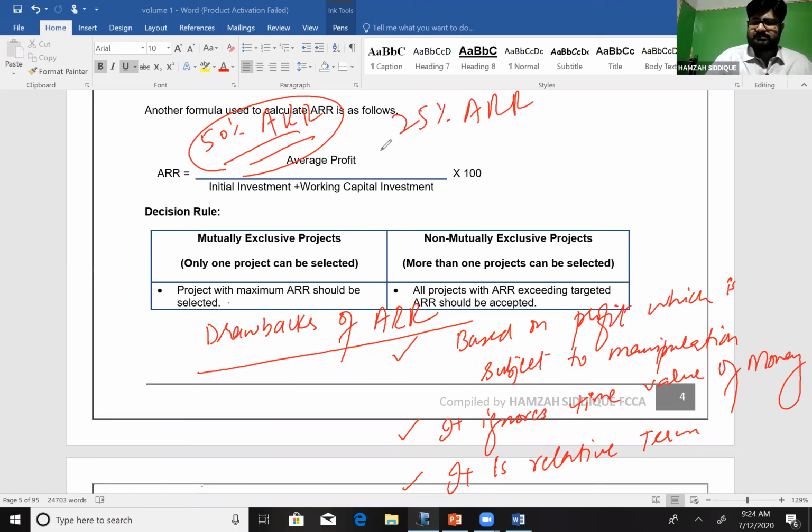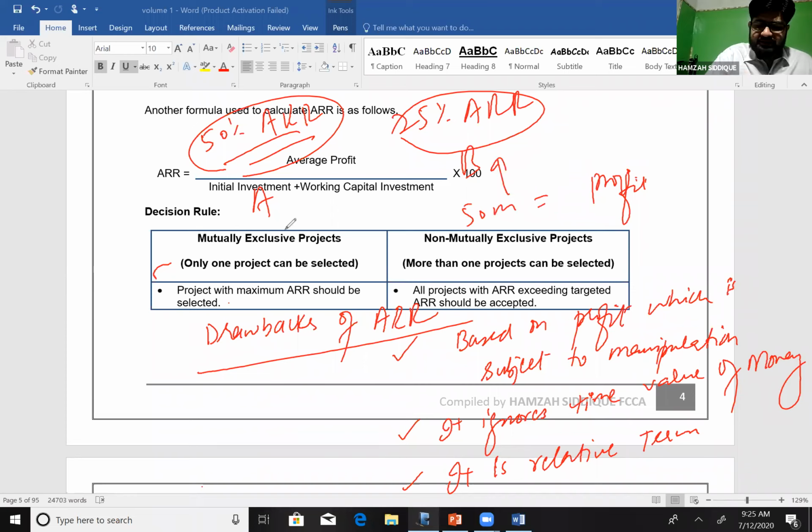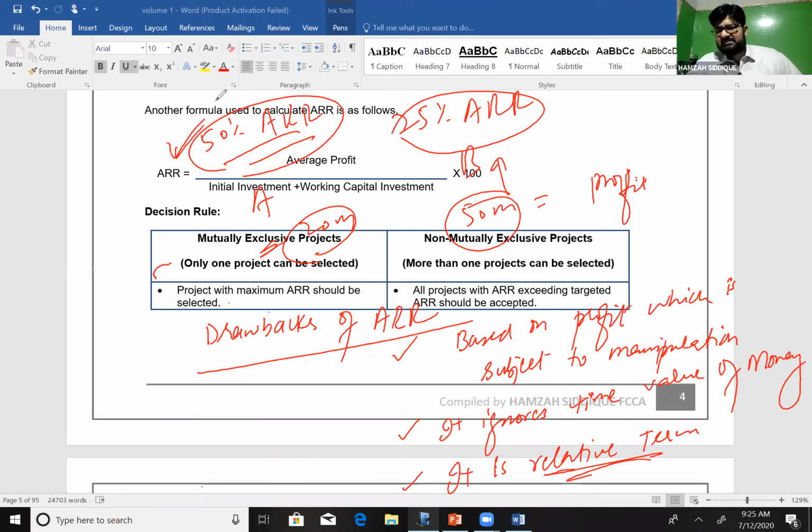Two projects are there, project A and project B. This has a total profit of 50 million, but this has a total profit of 20 million. On the basis of ARR we should select this, but it has less total profit, because it is a relative term. It is giving the answer in percentage.